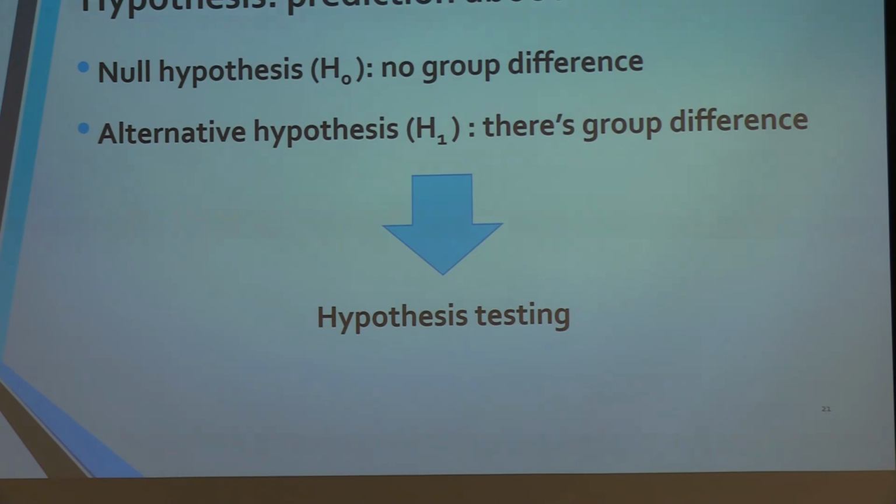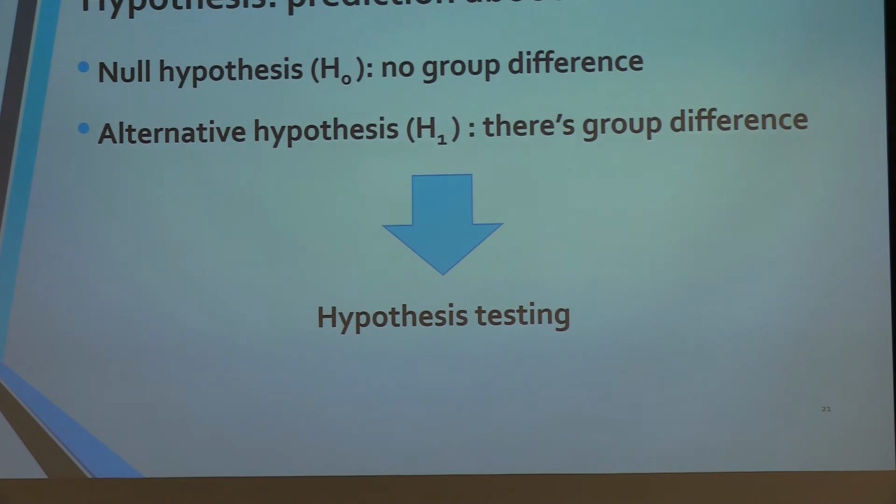Null hypothesis. Usually, when you read articles which deal with experimental study, particularly in pure scientific study, there will be at least 2 hypotheses. One is the null hypothesis. Do you understand the meaning of null? Invalid. Invalid means what? There's no group difference. Comparing groups, there's no group difference.